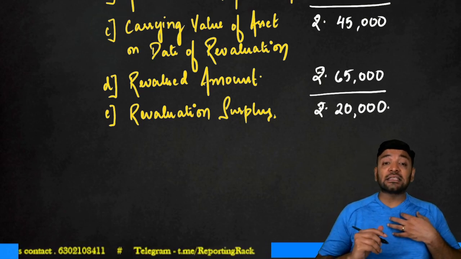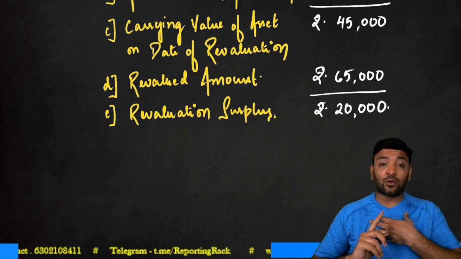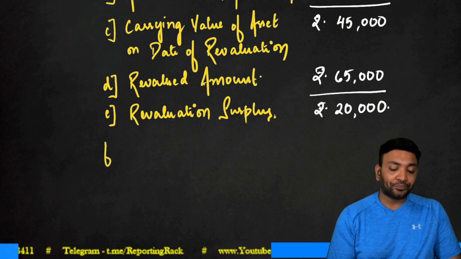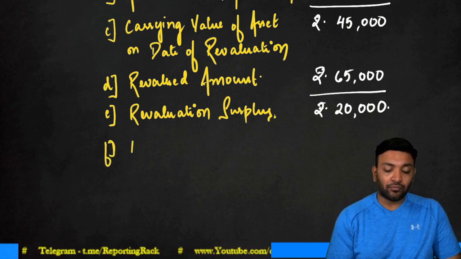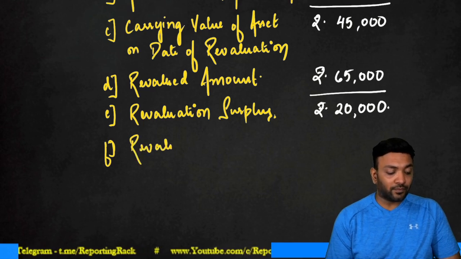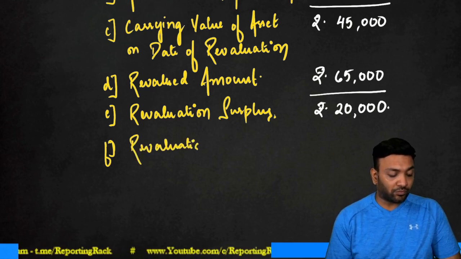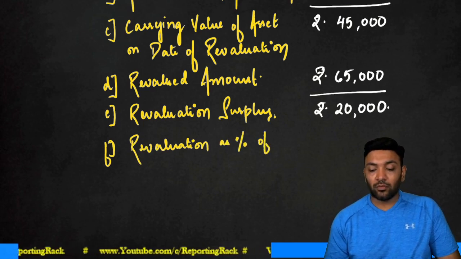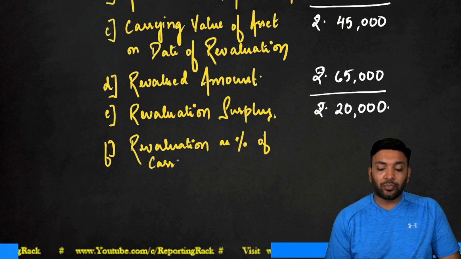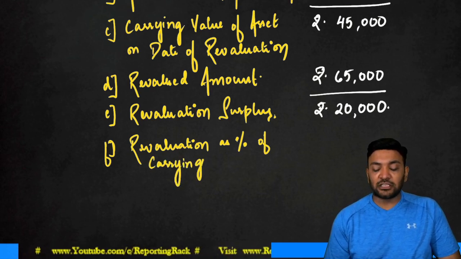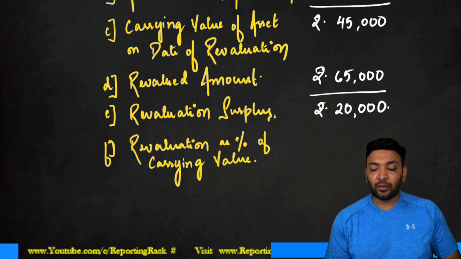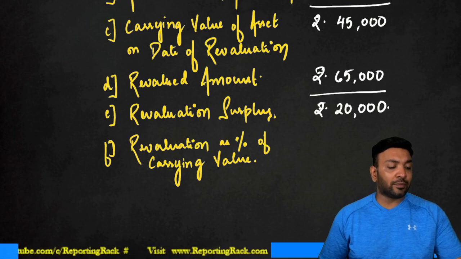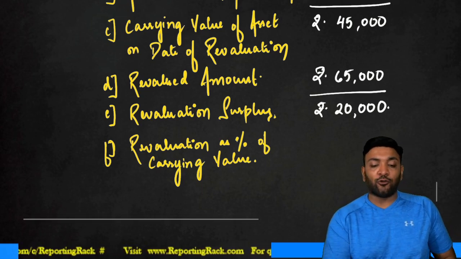I'm just calculating the revaluation as a percentage of carrying value. 20,000 divided by 45,000 as a percentage is 44.44.